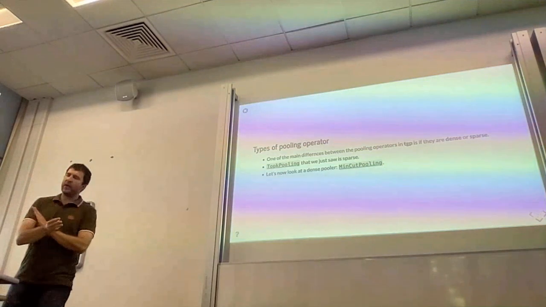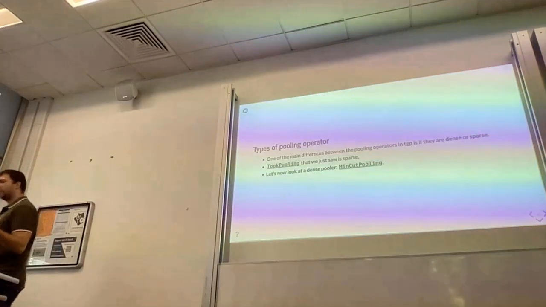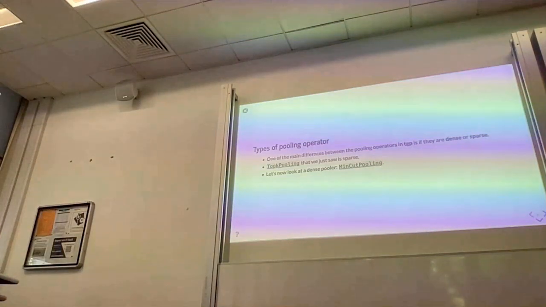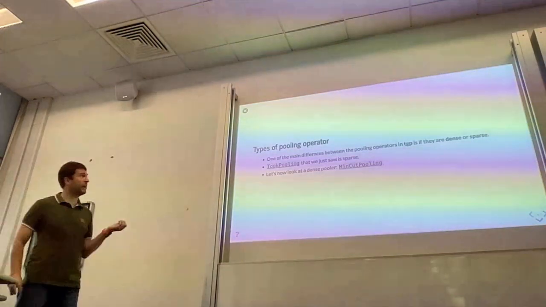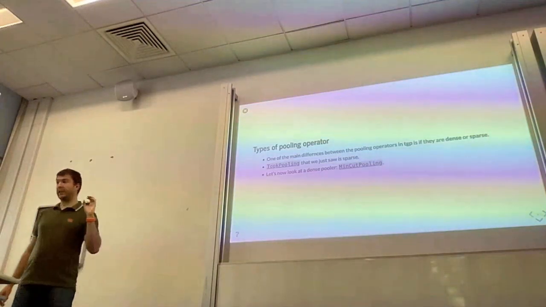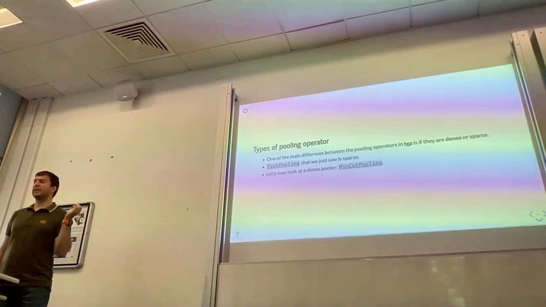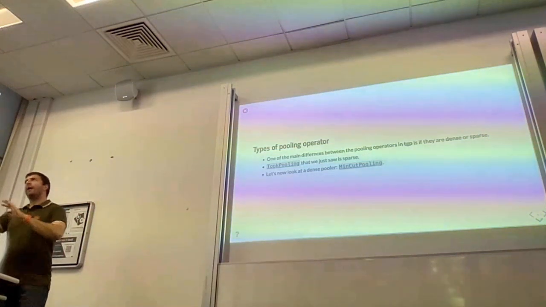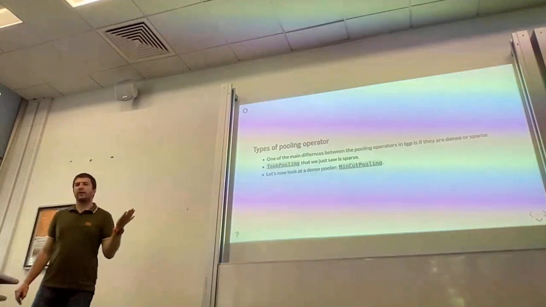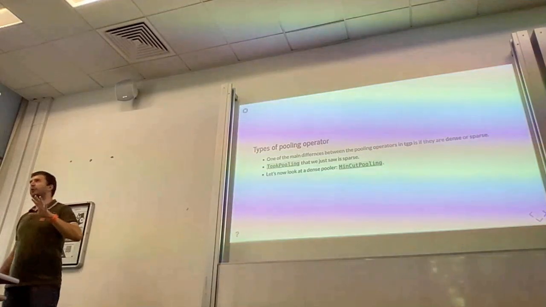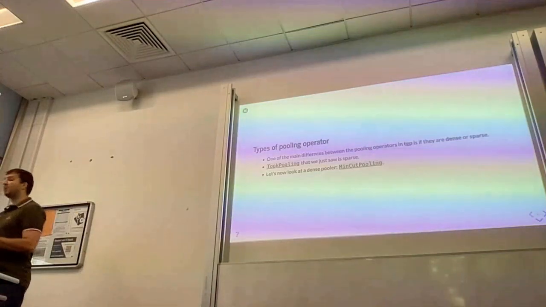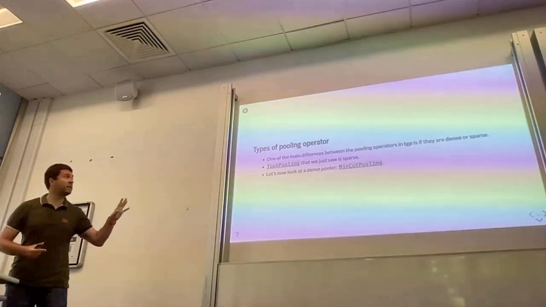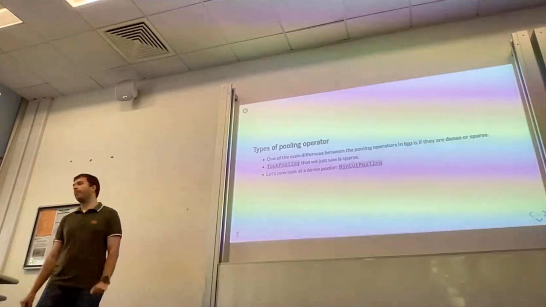There are different ways of forming different taxonomies, of course, and the one which is more important from an implementation perspective is whether the pooling operator is dense or sparse. Roughly, you can think about cluster-based pooling operators to be dense and the top-k and the score-based to be sparse. So top-k that we just saw is sparse.